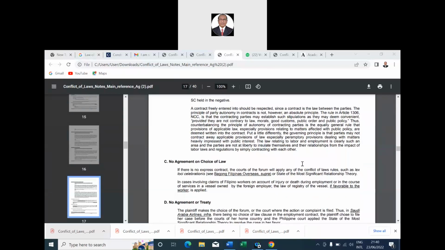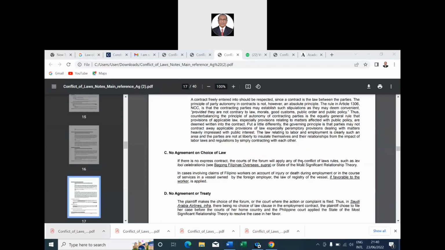So that is the thing. Suppose there is no agreement on choice of law, no express contract, the court of the forum will apply the conflict rules, such as lex loci celebrationis. If no choice of law is there, in the case of marriages, what do we apply? Lex loci celebrationis.